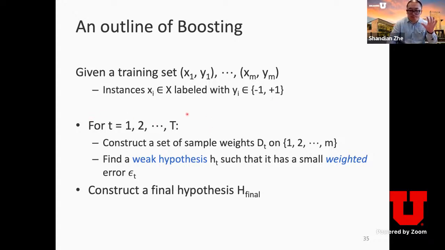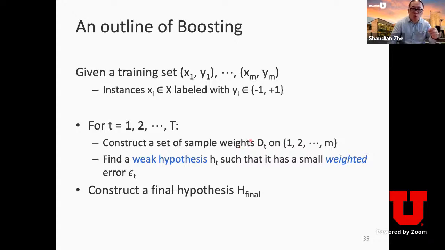Then we conduct big T iterations, or big T rounds, of learning. In each iteration, we first construct a set of sample weights, Dt, on the m training examples, meaning we adjust the weight for each particular training example.